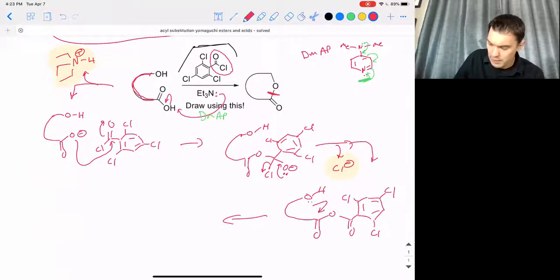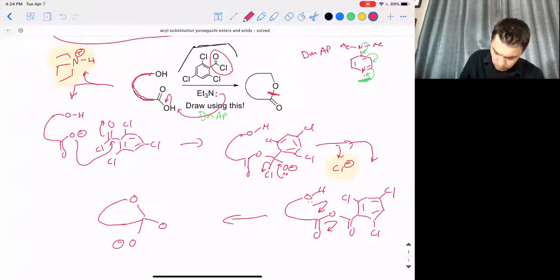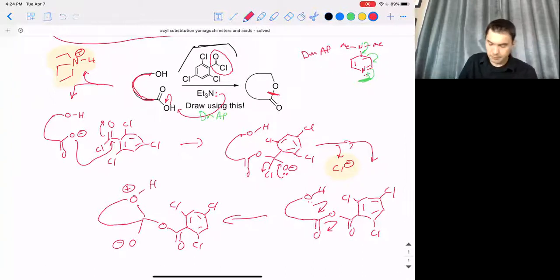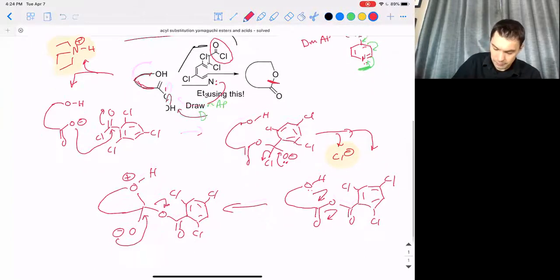have this lone pair attack because that's what alcohols do onto anhydrides. And so we'll move up our lone pair here. So that makes our tetrahedral intermediate again, and I've forgotten my pesky H+. And from here now, we can just swing this down and kick that piece off.